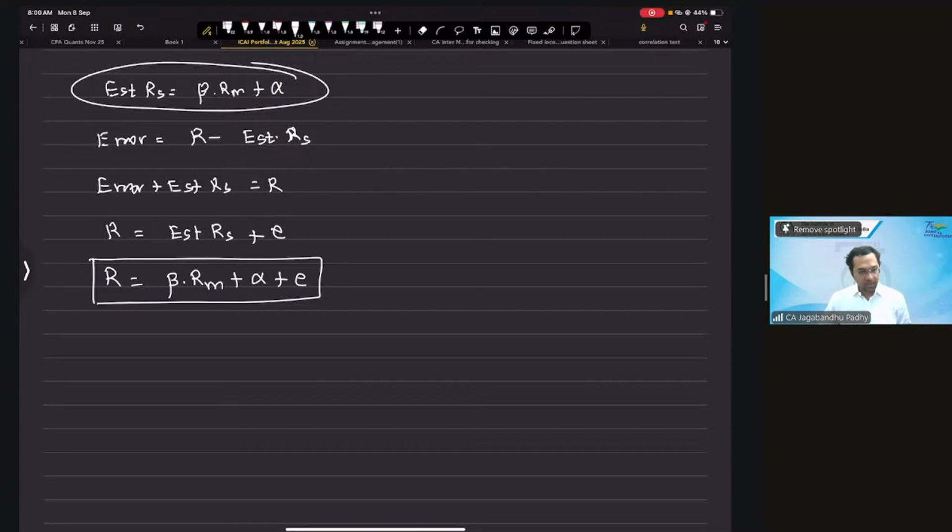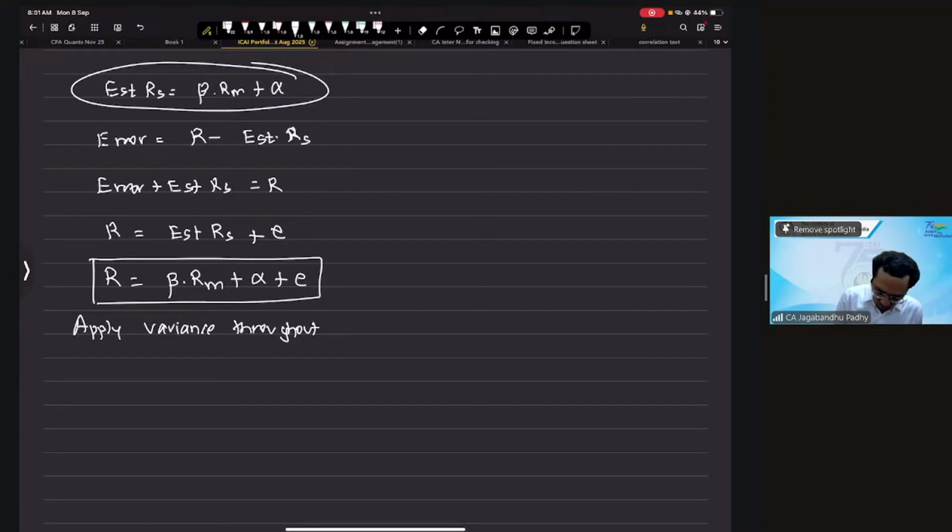Now from this equation, we can derive what the total risk is, and what the systematic and unsystematic risk are. So let me quickly derive it from here. Since this is the equation, let us apply variance throughout.